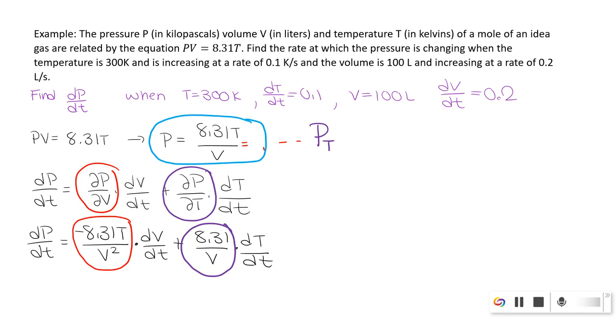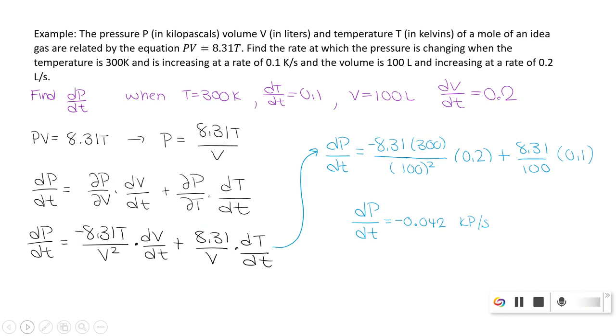And then finally, I have a bunch of numbers I can plug in. We know temperature is 300, so I can just replace the T with 300. Volume is 100, so I'll put that in for the V's.